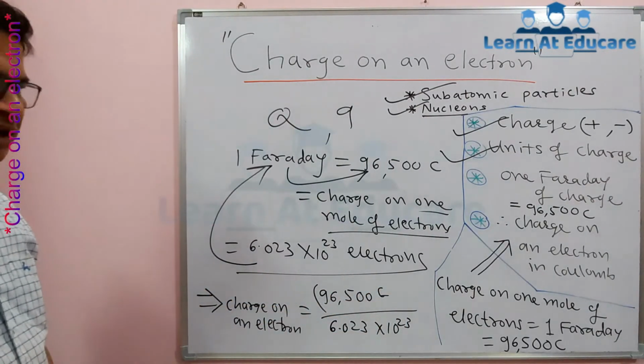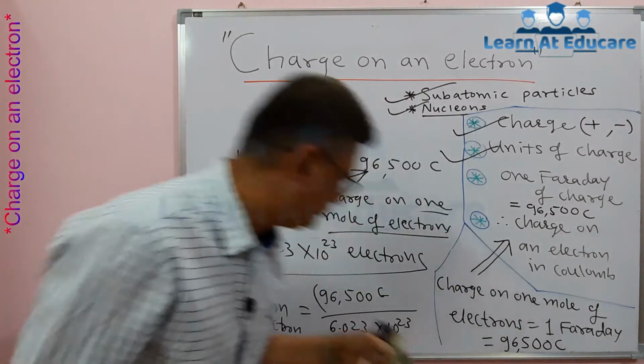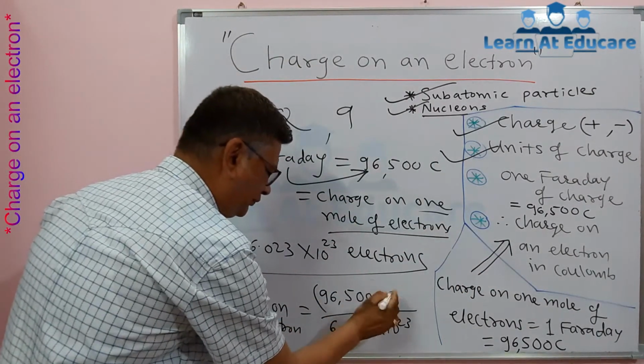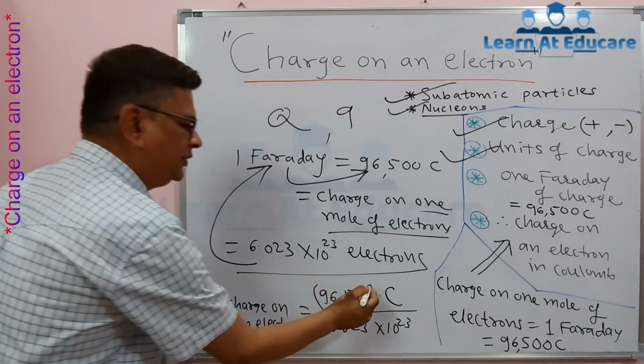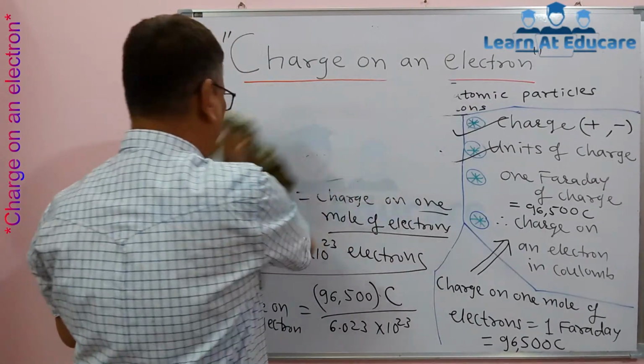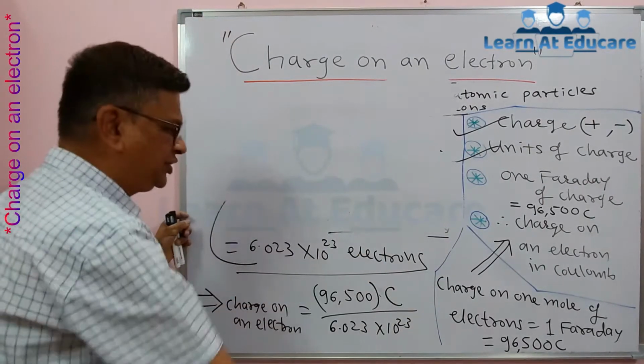If we get that ratio, 96,500 Coulomb divided by 6.023 into 10 raised to 23, that will give the charge on a single electron.